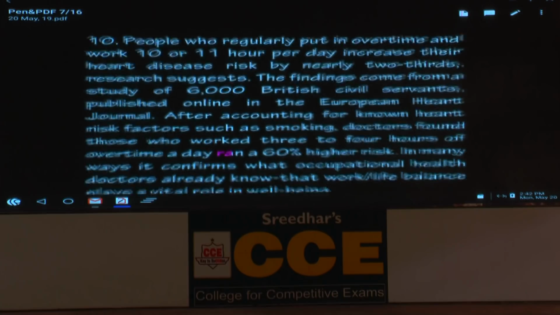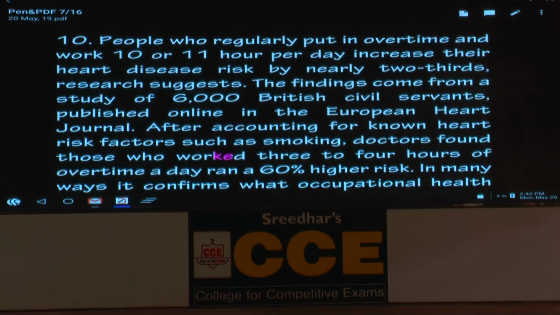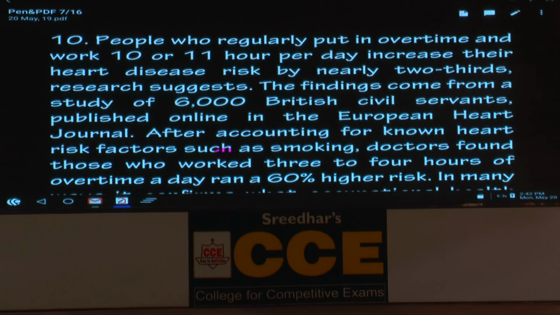This is rather easy, should not be a problem. People who regularly put in overtime and work 10 or 11 hours per day increase their heart disease risk by nearly 2/3, research suggests. The findings come from a study of 6,000 British civil servants, IAS officers, bureaucrats.